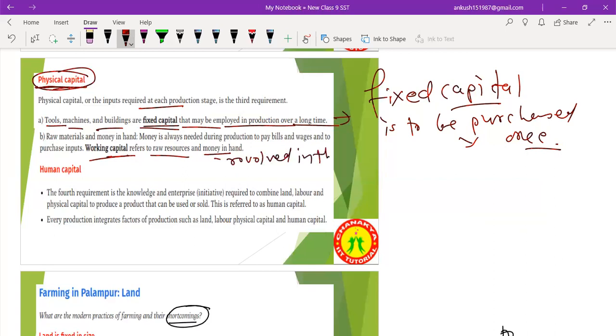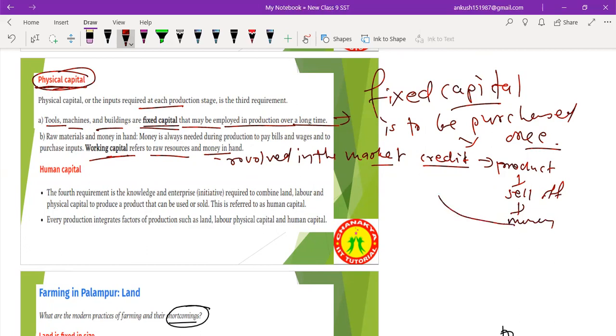This is the point related to the working capital, where the money is revolved in the market, where the producer puts his money. He purchases things on credit as well. When he purchases the raw material on credit, after the production he sells his product, and whatever money is made by that producer is returned to the market or to the creditors.